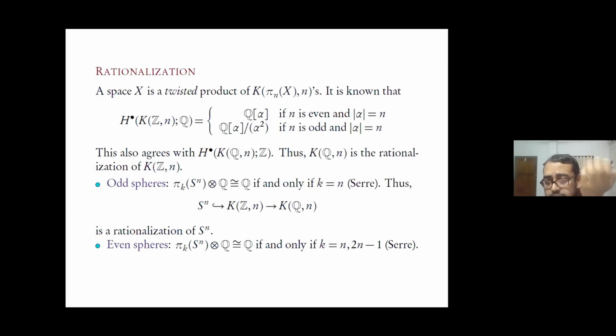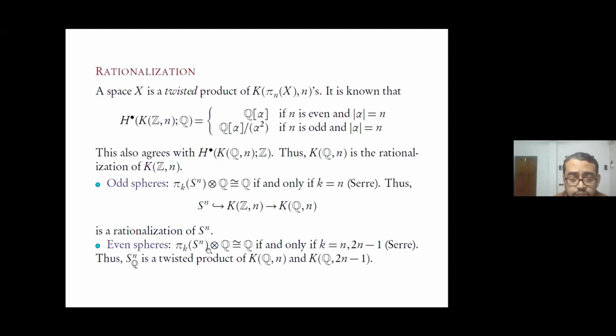And you have already seen this in basic algebraic topology, that pi2 of S2 is Z, and pi3 of S2 is also Z. That's because of the existence of the Hopf map, which is a generator of pi3 of S2. So this is essentially a generalization of that fact, saying that the only places where you have Q and Q, or integrally Z and Z, are pi n of Sn and pi 2n minus 1 of Sn.